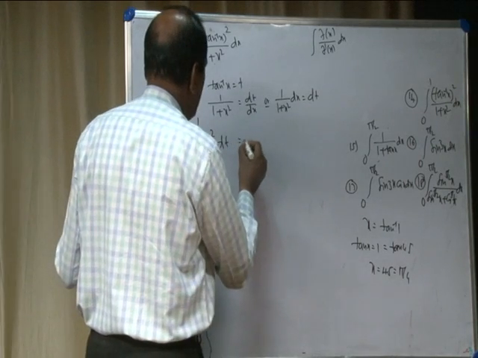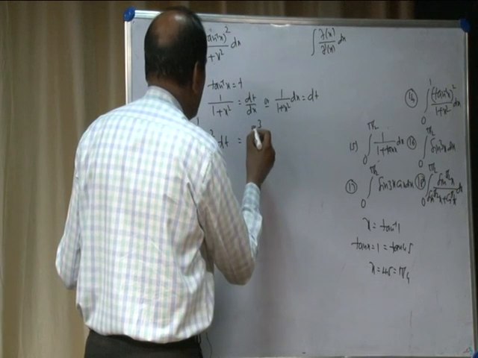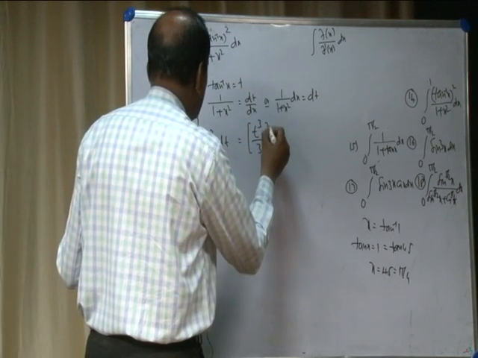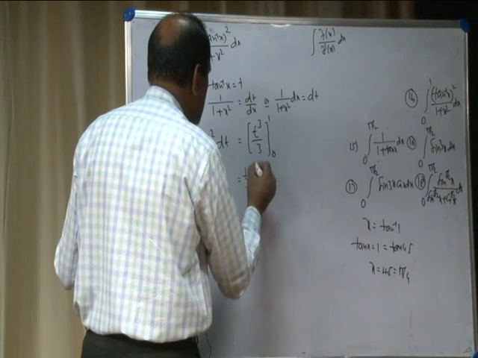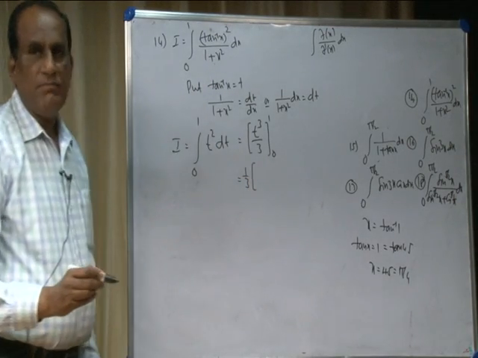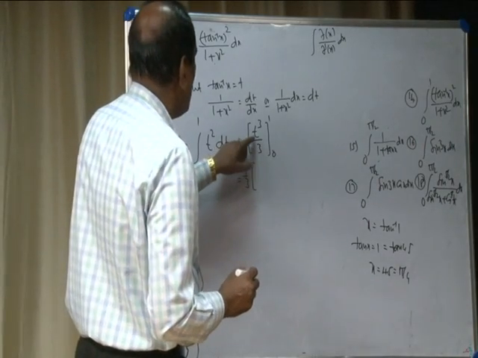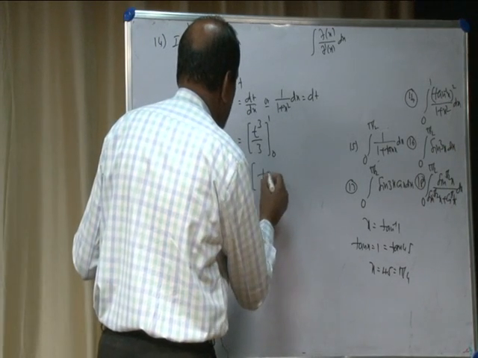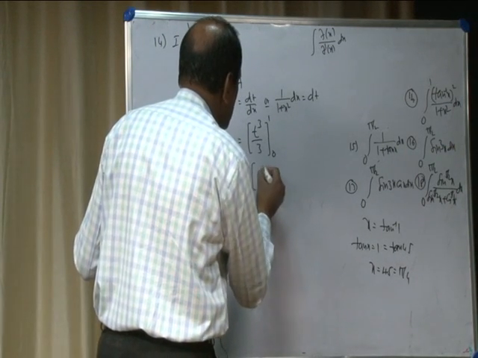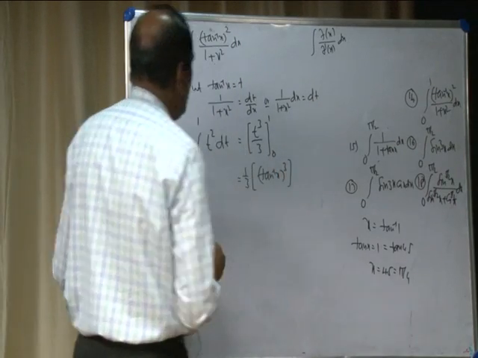Integrate t square with respect to t, so we get t cube by 3, between the limits 0 to 1. 1 by 3 is a constant, take it outside. Now, what is t? t stands for tan inverse x, so tan inverse x whole cube.